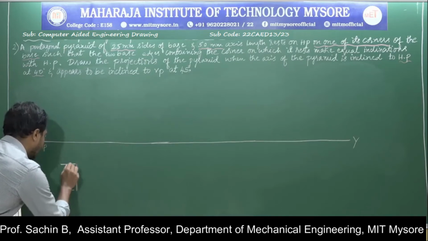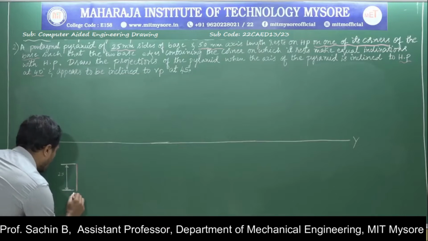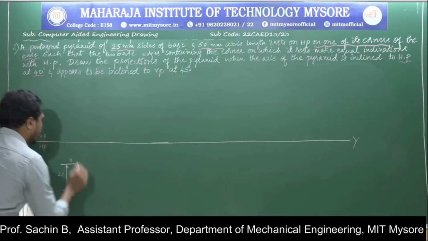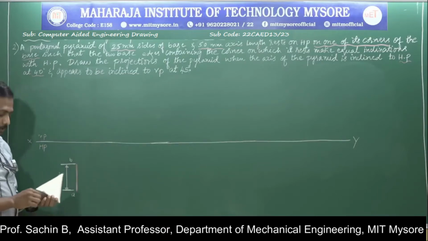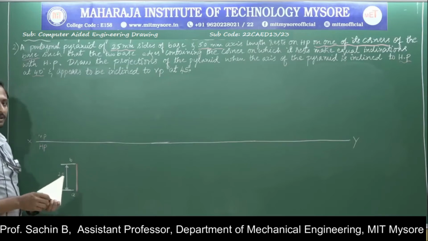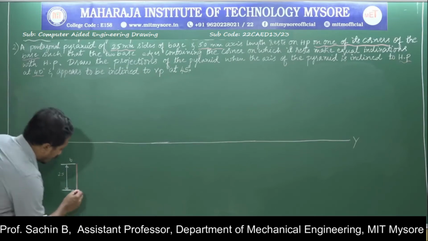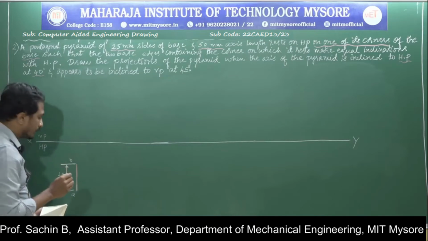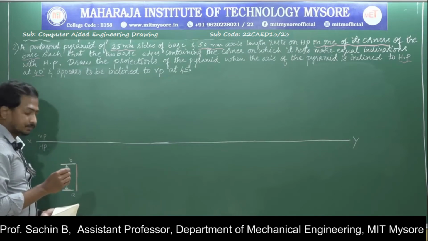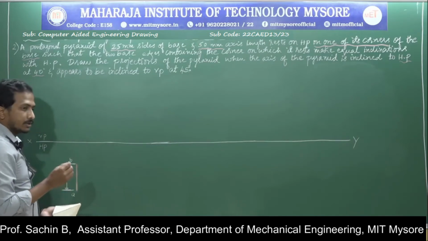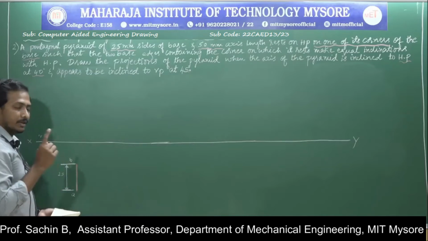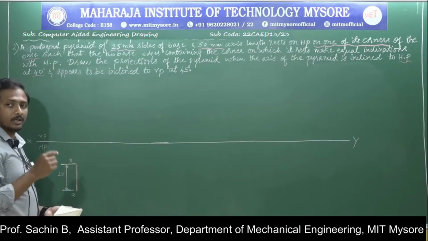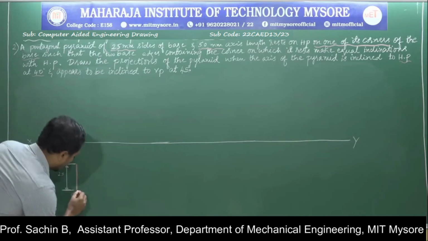This is exactly 25 mm. I am going to call these points A and B. With the help of your protractor, you know how to construct the pentagon. Now I am directly constructing it without explaining the necessary angles, because you already came across these kinds of problems, whether resting on edge condition or corner condition, in your projection of planes.